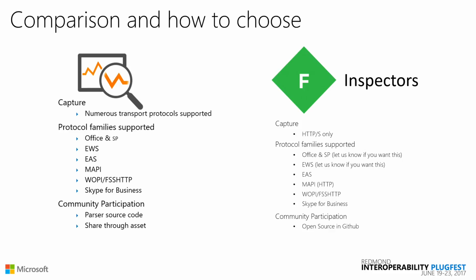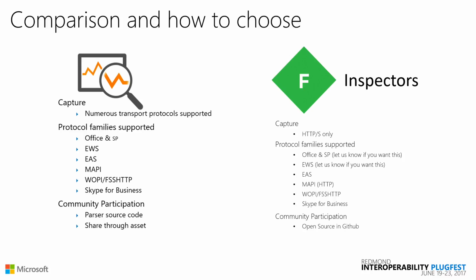If you want other Office protocols like EWS, you can talk to us. You probably can also find other Fiddler Inspectors online that we didn't develop. Those are public, and don't belong to Microsoft or our team, but they are also available for you to use.